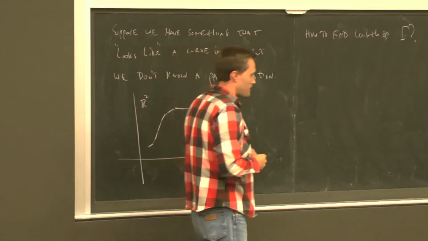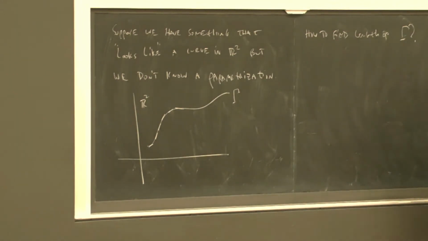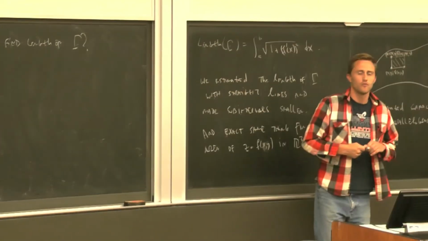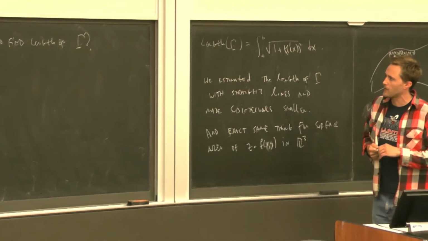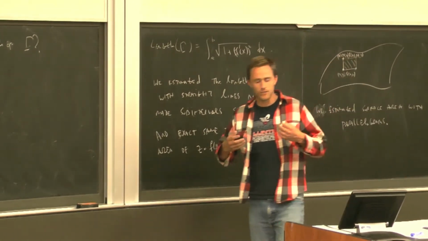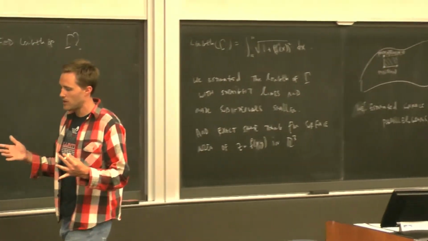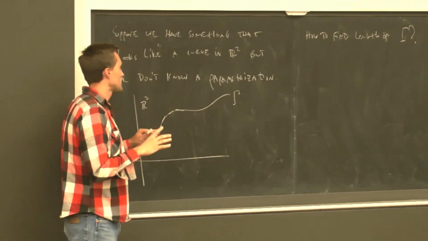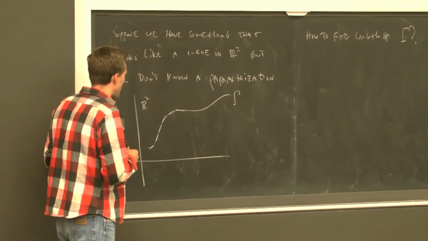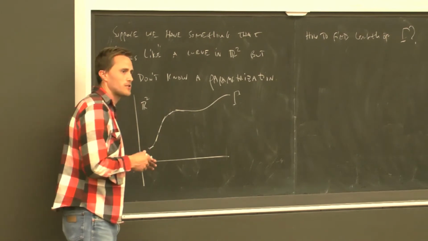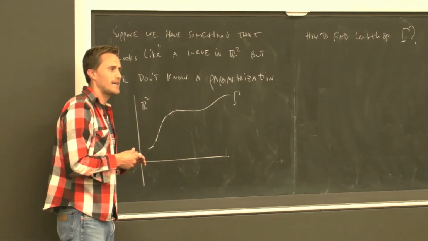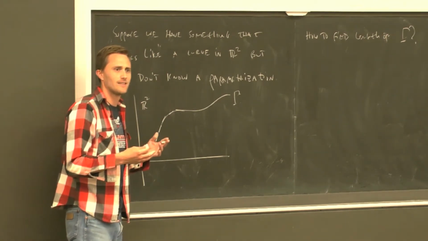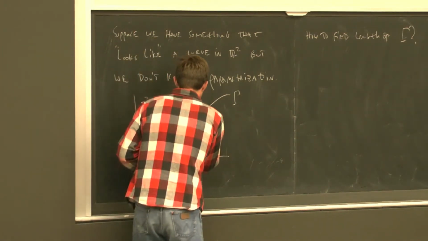So maybe I'm trying to adapt our covering technique that we had for Lebesgue measure, right? We had something two-dimensional in R2, and we thought maybe we could cover it with rectangles. Here, I have something that looks one-dimensional, so why can't I cover it with straight lines?